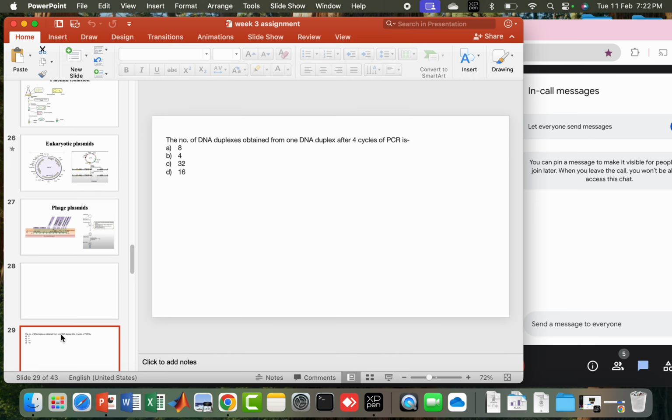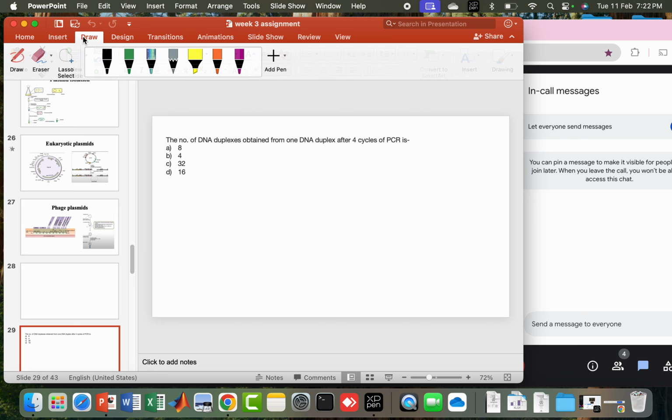So the first assignment question is: the number of DNA duplexes from one DNA duplex, that is one double-stranded DNA, after 4 cycles of PCR is 8, 4, 32 or 16. So anybody knows how to calculate this?